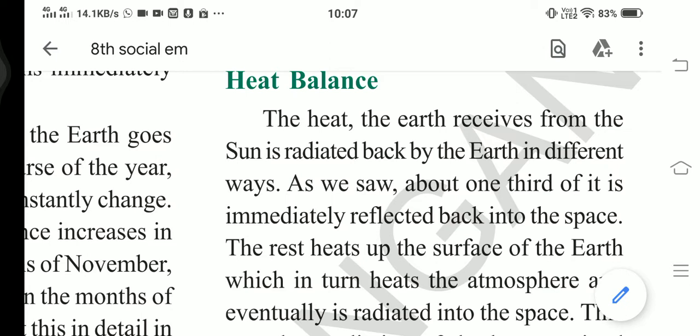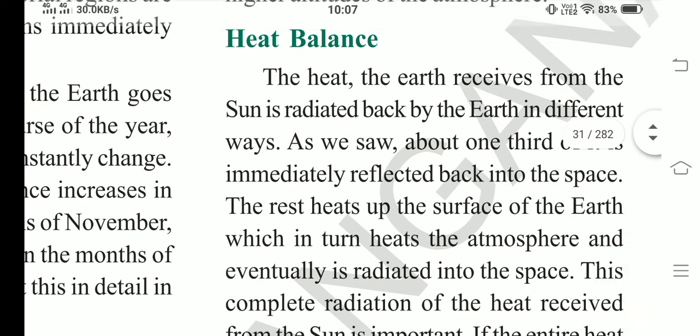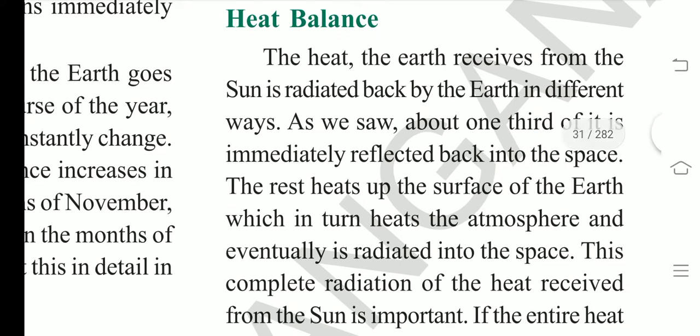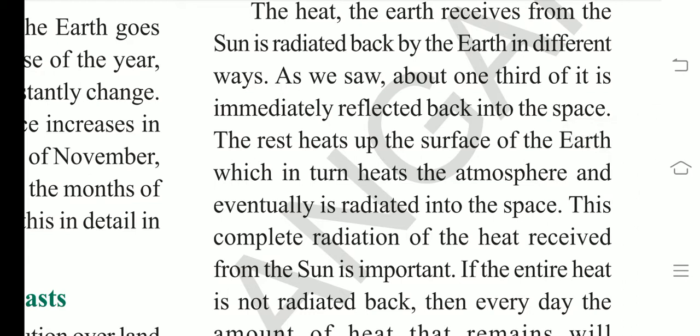We see that one third of it is immediately reflected back into space when solar radiation reaches the Earth's surface. If 100 percent of solar radiation is trying to reach the Earth's surface, one third is reflected back into space.